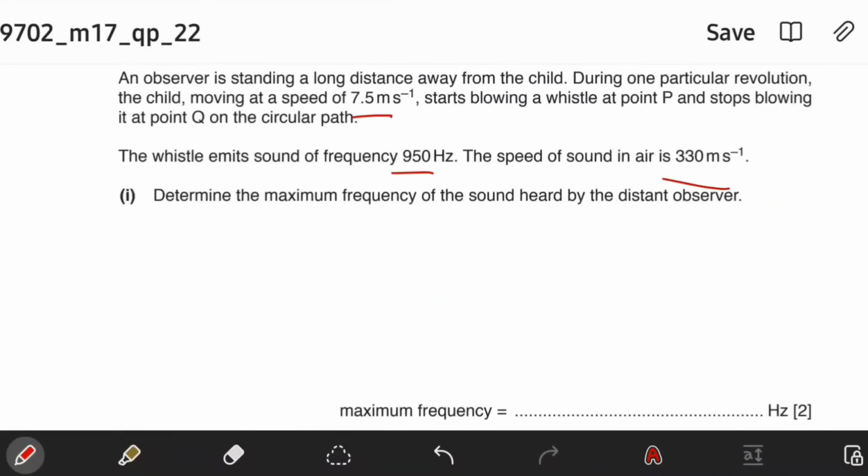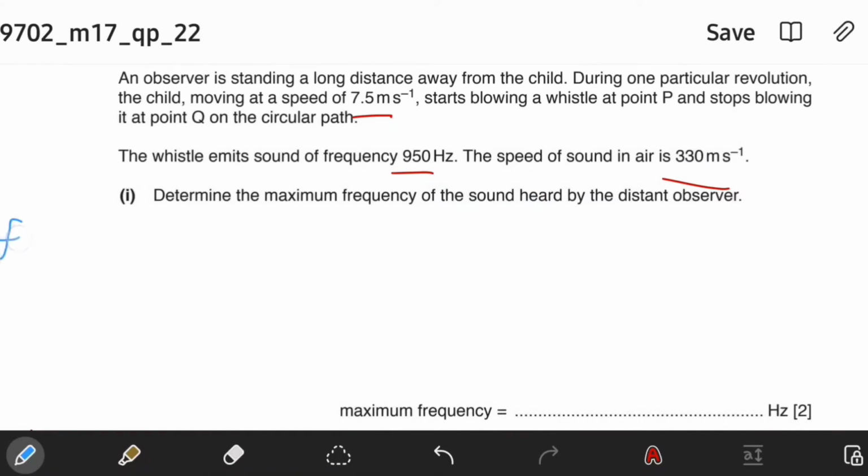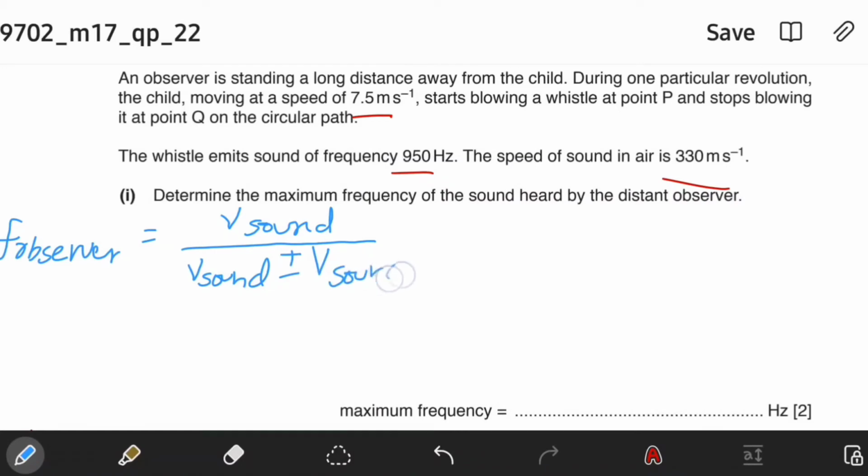So we know the formula. Frequency of observer is equal to speed of sound over speed of sound, speed of source, into source frequency.